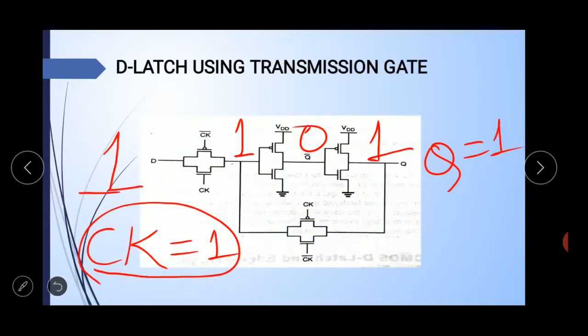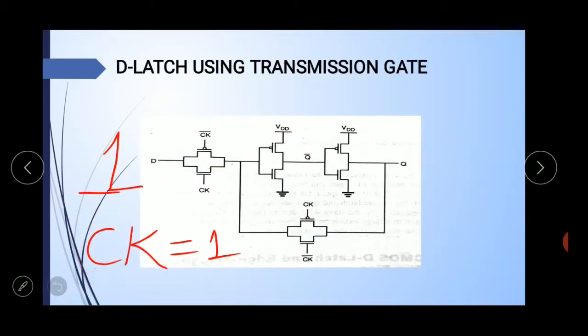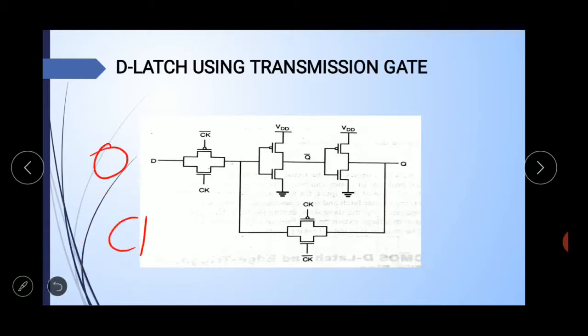But when we give here 0 and CK also 0, then what happened?